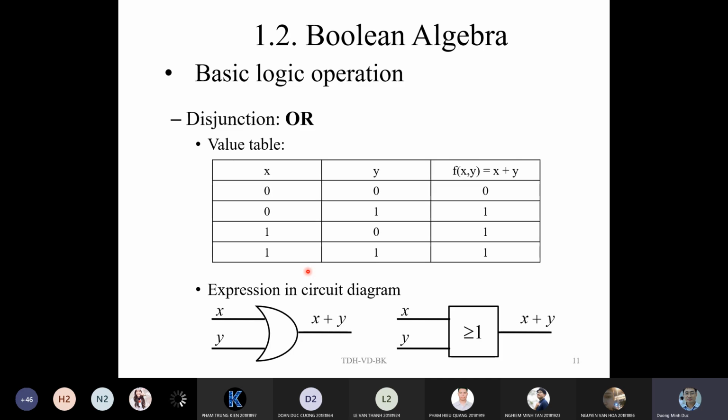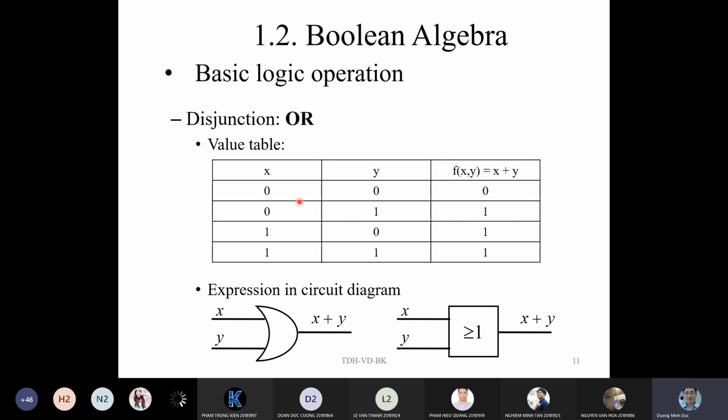The disjunction is defined like this. If x is 0 and y is 0, then the disjunction of x and y is 0. If x is 0 and y is 1, or x is 1 and y is 0, then the result is 1. And if both of them are 1, the disjunction is 1. So this is the definition of the disjunction of two variables.